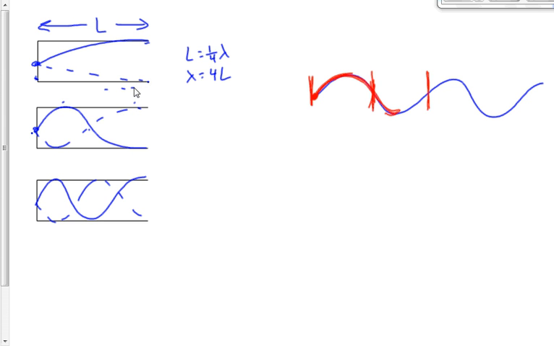So I'm going to say L is equal to 3/4 lambda. If I rearrange that to solve for lambda, I get 4/3 L. And the last one here, I'm going down here, back up here, all the way to here. That's going to be 1 1/4 or 5/4 as an improper fraction. We don't have to make it an improper fraction, but it makes the pattern easier to see.